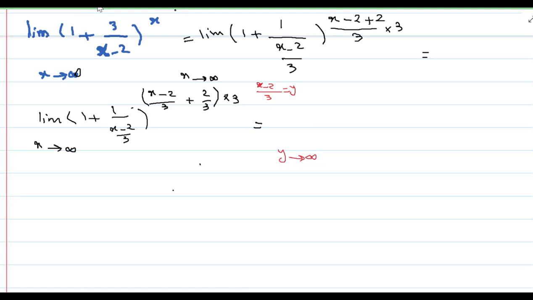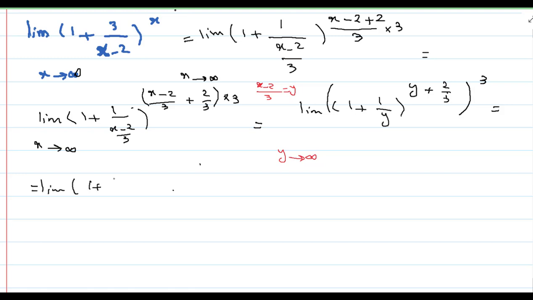So again I can write the limit of 1 plus 1 over (y plus 2/3). I can separate this, and write the power 3 and divide by the 2 over 3, and I will have the limit of (1 plus 1 over y), multiplied by (1 plus 1 over y).